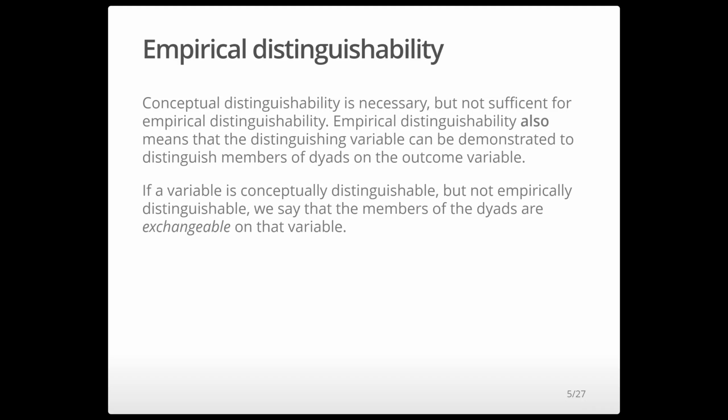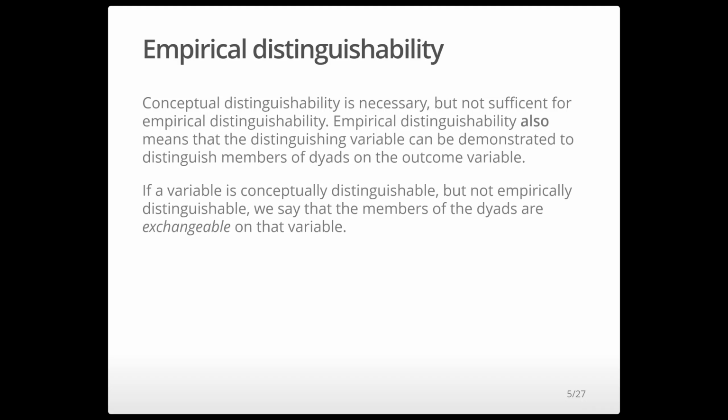Conceptual distinguishability is necessary, but not necessarily sufficient, for empirical distinguishability. With empirical distinguishability, you also need to be able to use the variable to meaningfully distinguish the 2 members of the dyad on the outcome. In the tennis example, let's say you're measuring who's more likely to win.